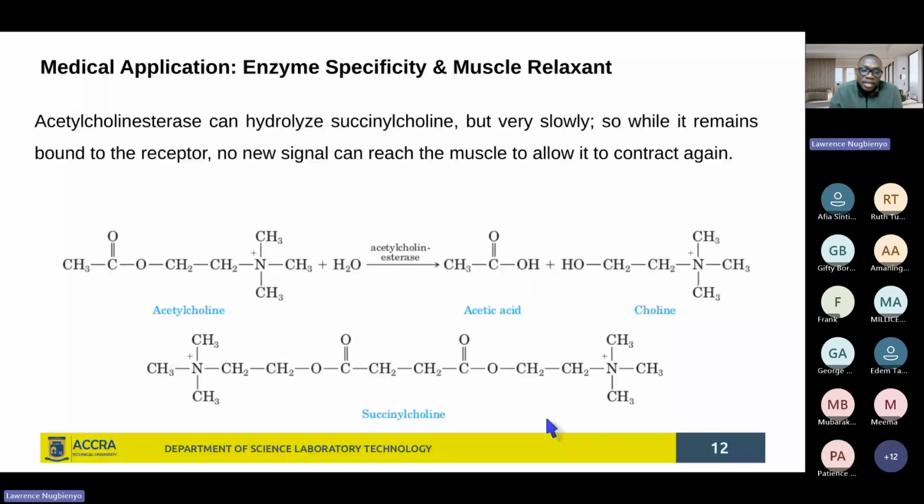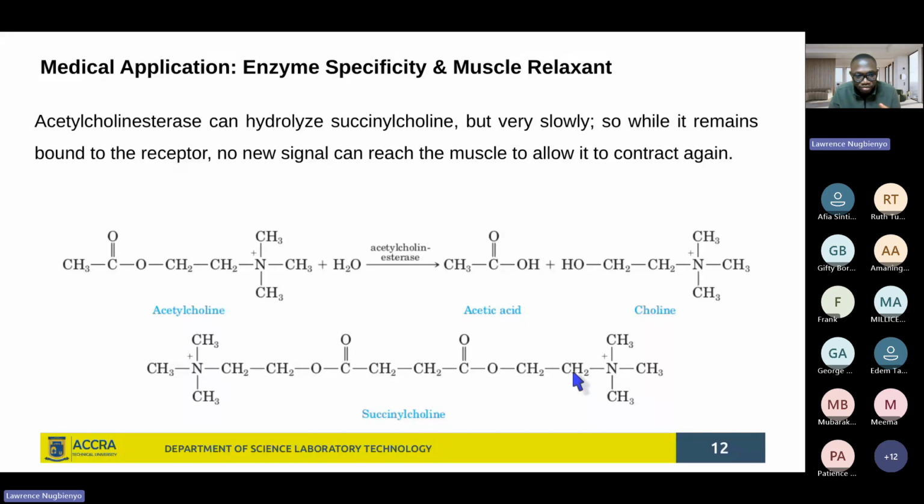All right. Now, knowing this process that acetylcholine is involved in, the contraction and relaxation of muscles, a drug developed from this knowledge is succinylcholine. Succinylcholine is a bigger molecule.